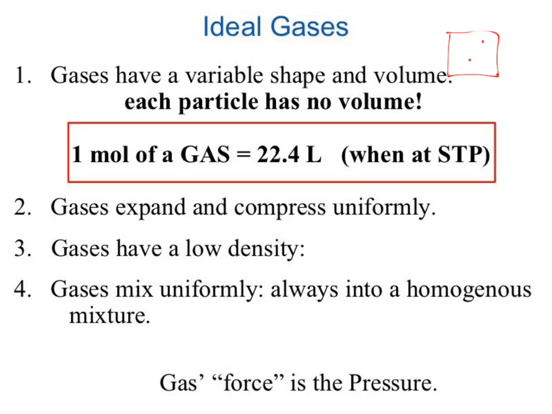What happens if instead of a nice big space, we look at a very small space? Now particle volume does matter, but in most cases it does not. That's going to help us explain a lot of the calculations we go through. That's why, when we talk about gases, we talk about ideal gases. In the ideal circumstance, our particles do not take up space or have a volume.